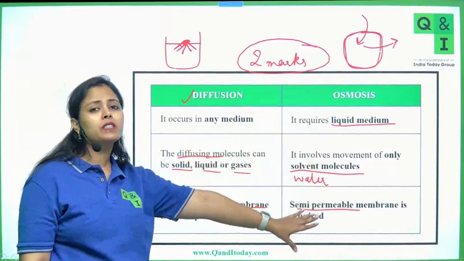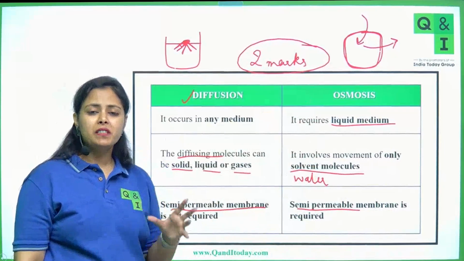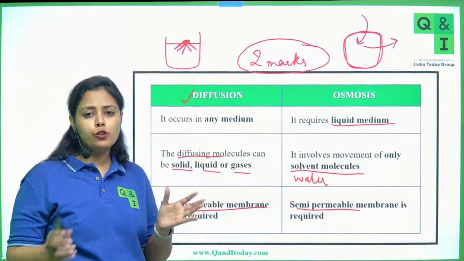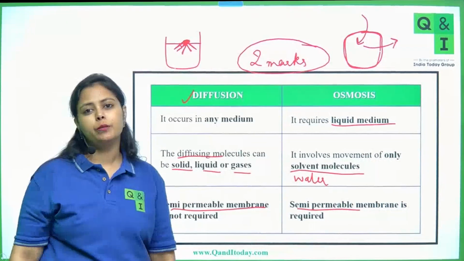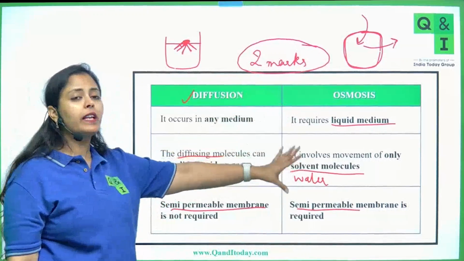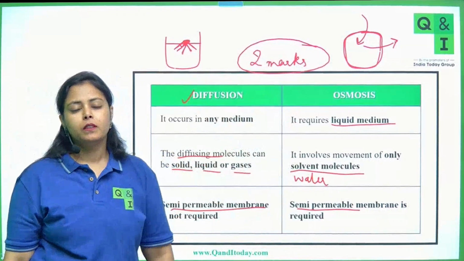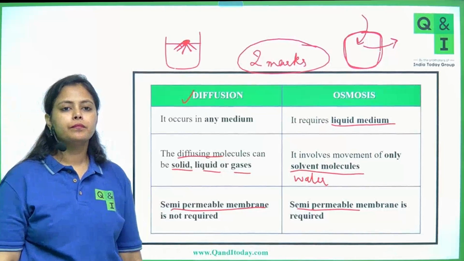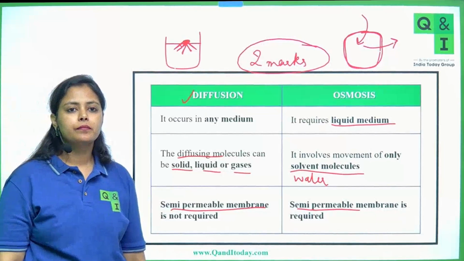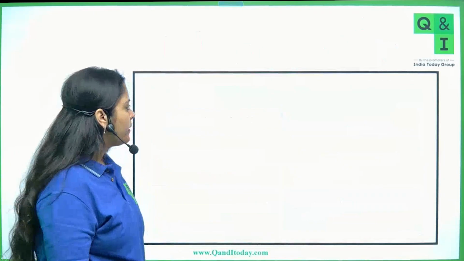And osmosis, you can say, example, when the cell is placed in hypotonic solution, it becomes swollen up, it becomes turgid. Okay, so after that, write one example yourself. Done? Okay.